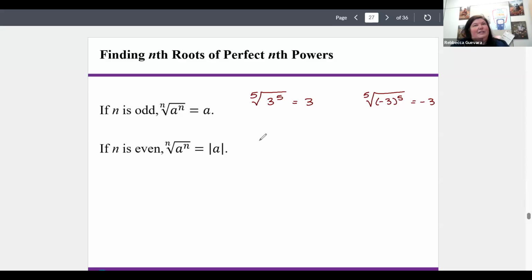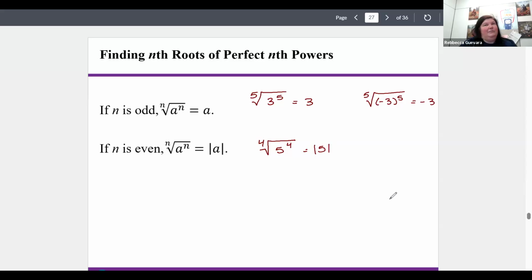So the reason is that, say I do the fourth root of 5 to the power of 4. That's just going to stay 5. We're not going to worry that I can have another answer to it, because that's making sure we only keep the principal root.